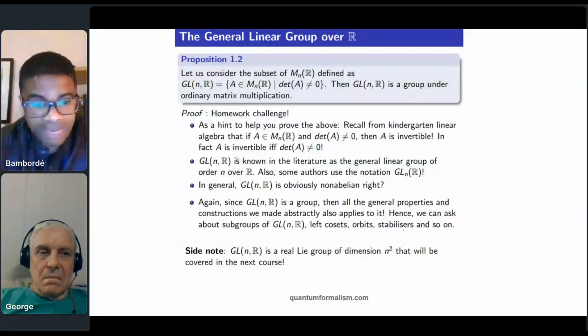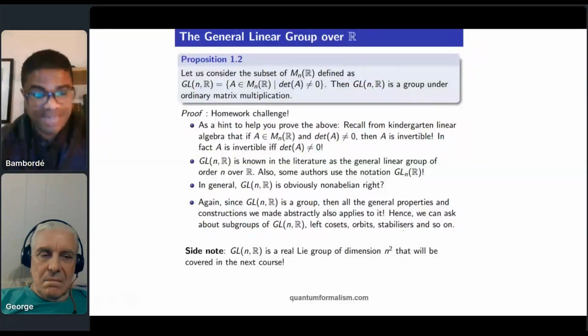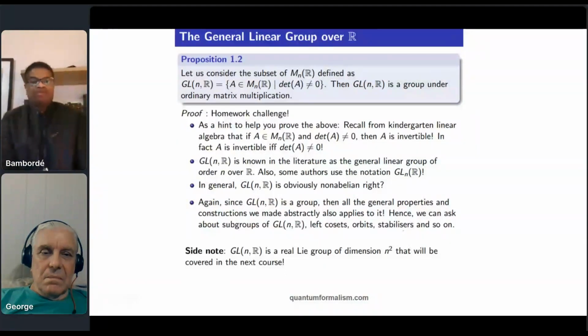And very important, this is why we are covering this: this group is actually a prototype of a real Lie group. It is a good example of a Lie group, a Lie group of dimension n squared.